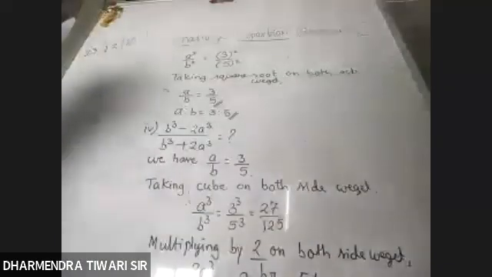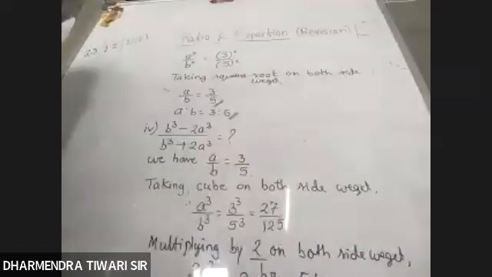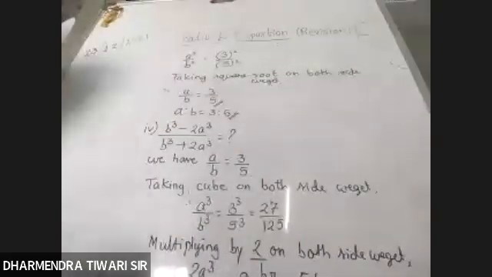So 2a cube we got as 54 and b cube as 125.